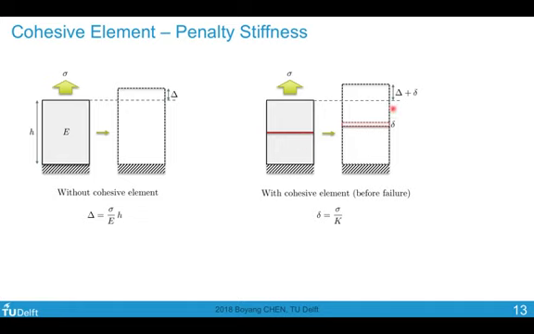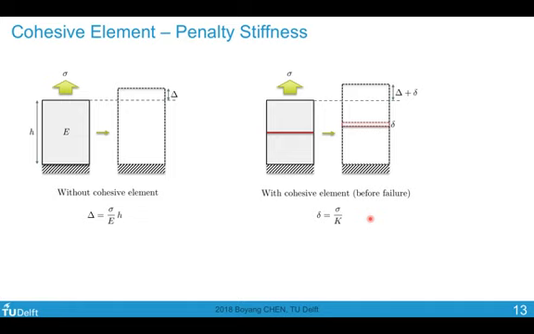Then I load it. Because the cohesive element has a penalty stiffness, it would also open up a little bit by a small delta. So the overall displacement of the top surface would then include both capital delta and small delta. And this small delta equals sigma divided by K. K is our penalty stiffness.